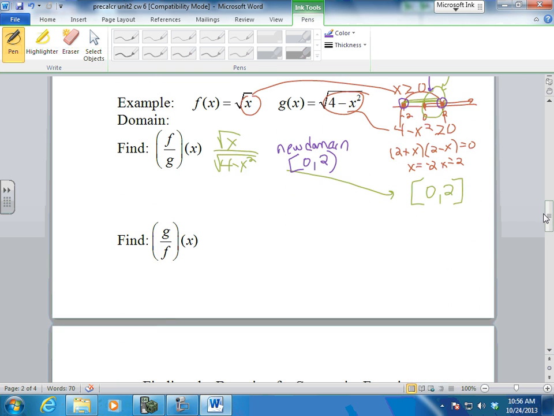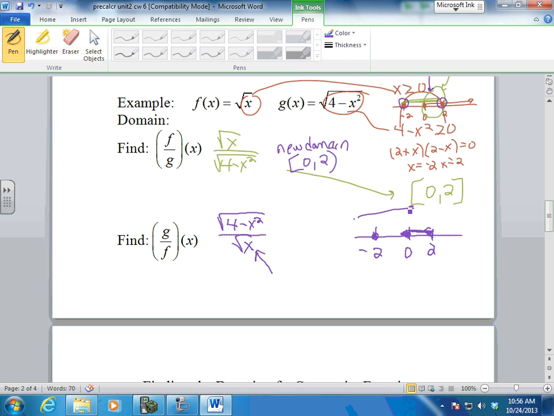Now, what happens if I divide the opposite way? Here's my number line up here. So I was at the -2, at the 0, and at the +2. And my domain was right in here before. But now, which will cause that to make my domain change. What's going to change now? My domain went from 0 to 2. Let's go back to your original domain.